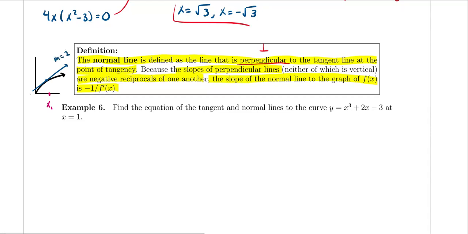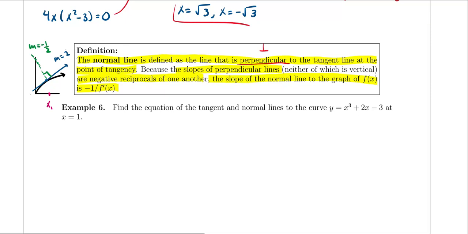Well, the line perpendicular to it will be this line right here. Something like this. There we go, forming a 90-degree angle. And this one is going to have a slope of the negative reciprocal of 2, which is negative 1 over 2. So that's the idea here.